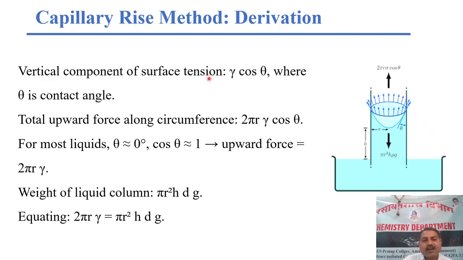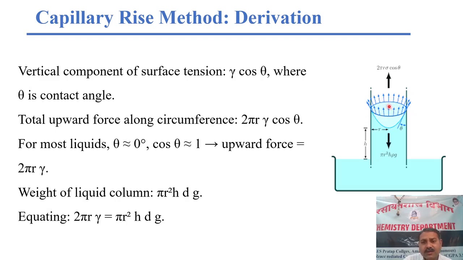So the vertical component of surface tension will be gamma cos theta, where theta is the contact angle. The total upward force along the circumference equals 2 pi r times gamma cos theta, because 2 pi r is the circumference of the circle.